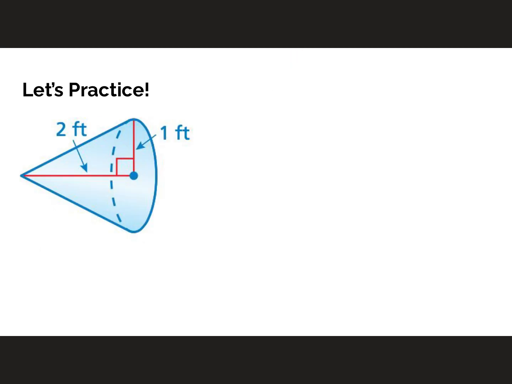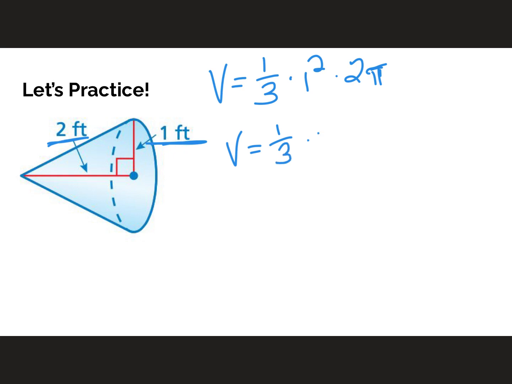Here, for once they've given us our radius, and we have our height. So again, our volume is 1/3 times our radius squared times our height, times pi. So our volume is 1/3 times 2 times pi.